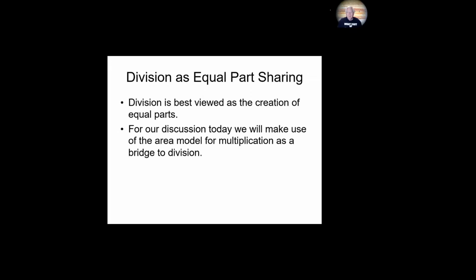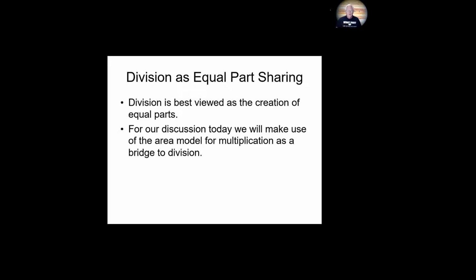Now, it's important we recognize that division is best viewed as the creation of equal parts. And we're going to develop multiplication first, but I want you to make use of the area model for multiplication as a bridge to division. And this is one of the reasons why we stuck with the area model first.